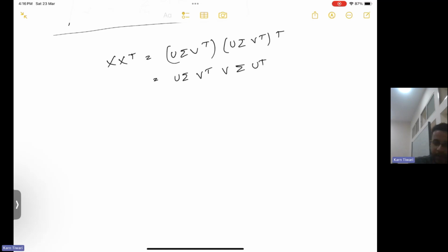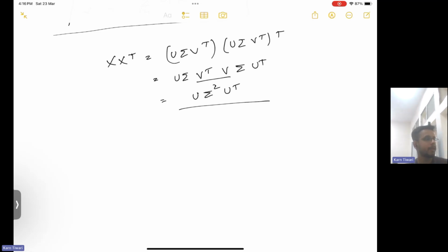V and U are unitary matrices, so V transpose times V will be the identity matrix. We'll get sigma square U transpose. So this is how it boils down.